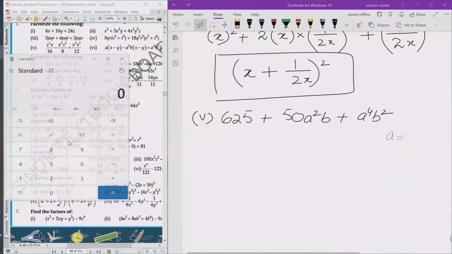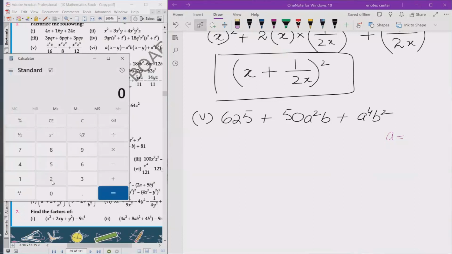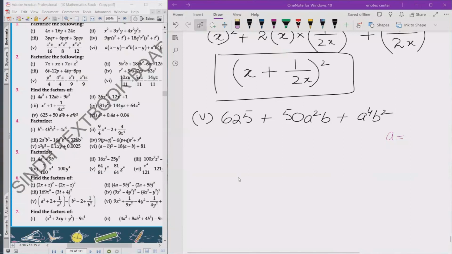If we take the square root of 625, it is 25, because 25 square is 625. So a is 25, and b is here a square b.